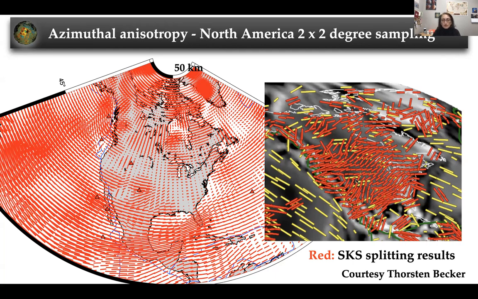But in this case, we see a nice correlation with the SKS splitting results in North America. Even this rotational motion around Yellowstone, most likely related to subduction as well, matches nicely to SKS splitting results.